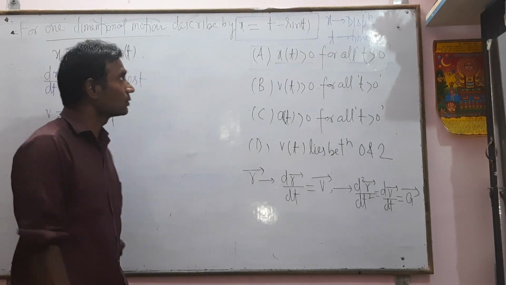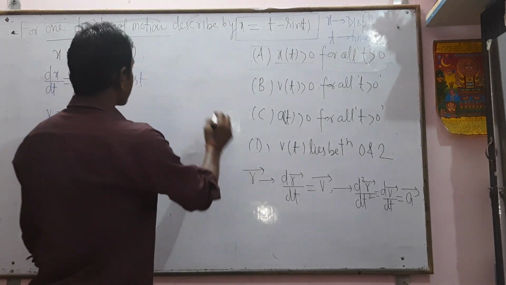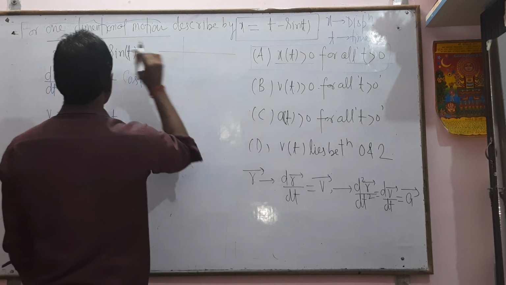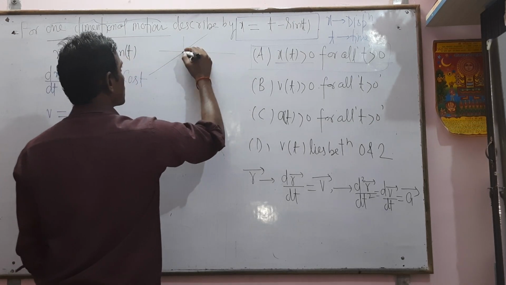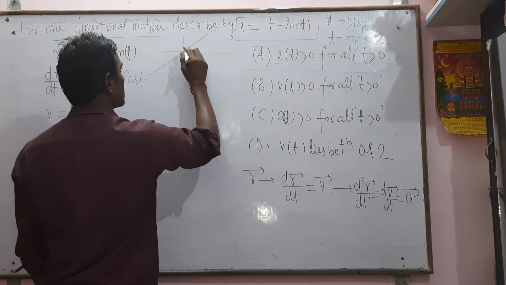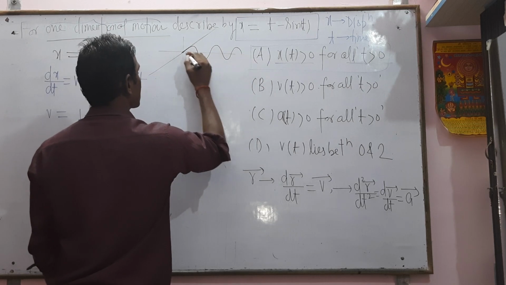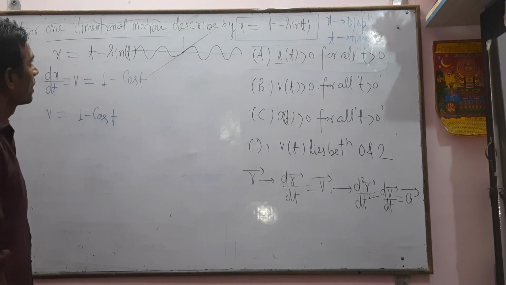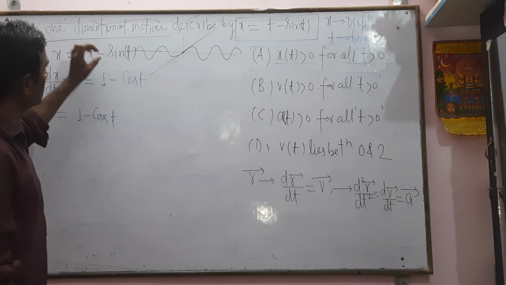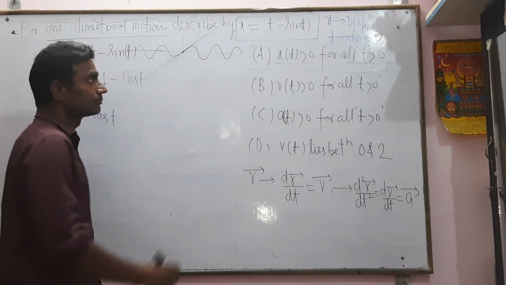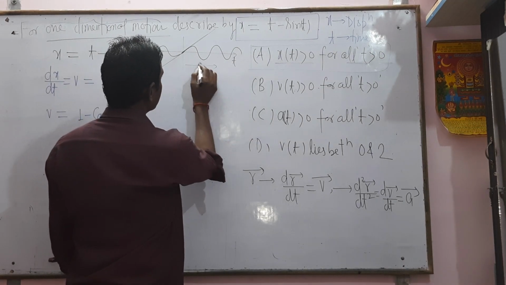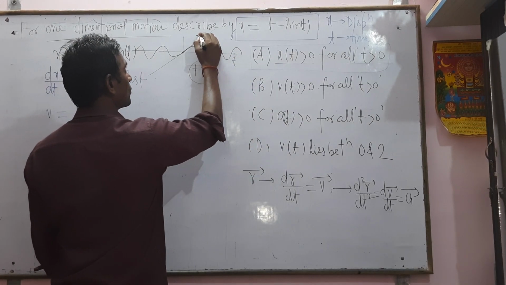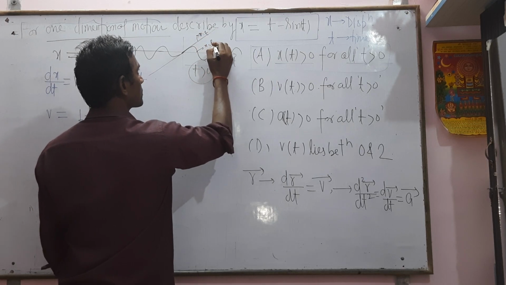Here x equals t minus sine t. We are discussing whether x(t) is positive for positive t. Consider the graph of y equals t and y equals sine t.